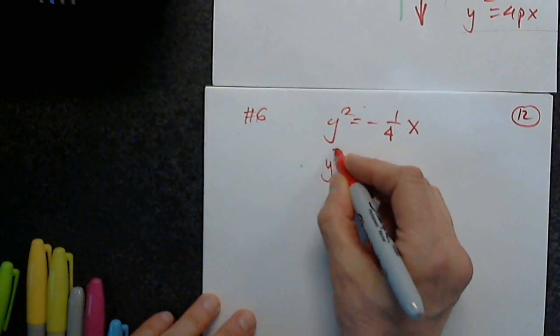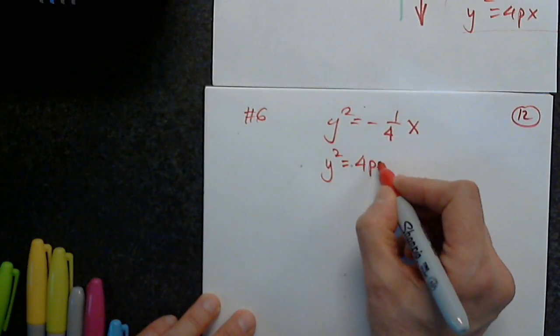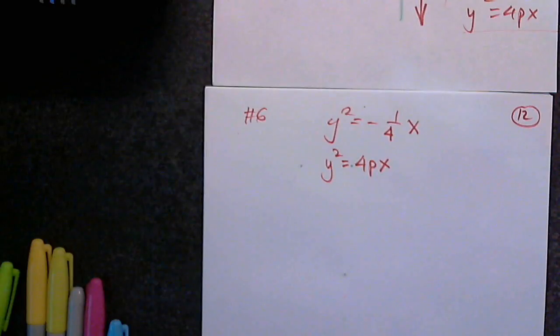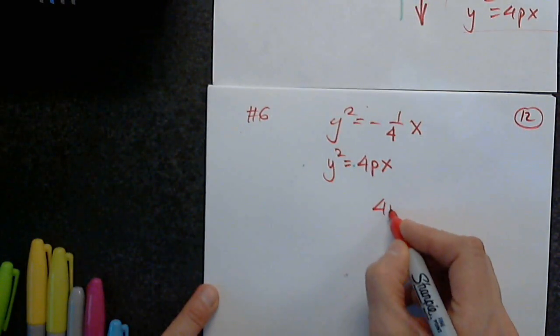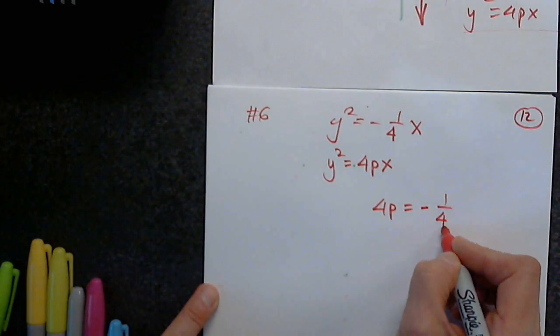Since this is y squared equals 4px, I know for sure that this is not a function. It doesn't open upward or downward, but opens to your right or to your left, to the left since it's negative. So 4p definitely has to equal negative 1/4.